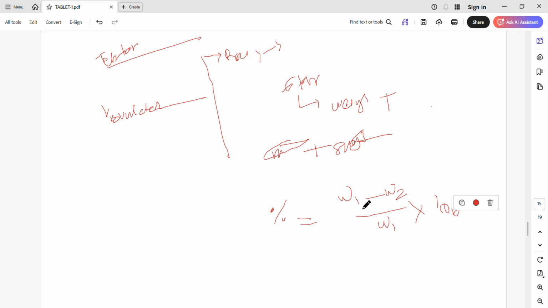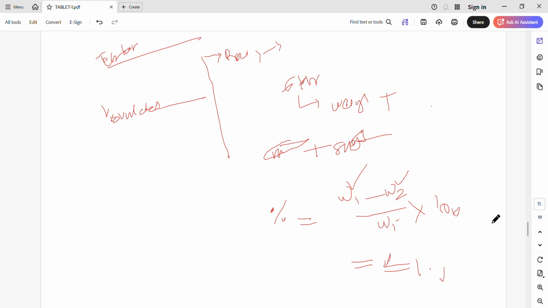W1 is the initial weight of the tablets and W2 is the final weight of the tablets. The result should always be less than or equal to 1%.